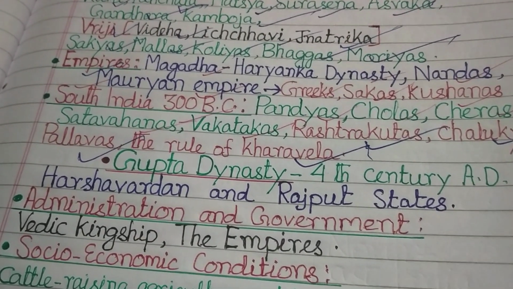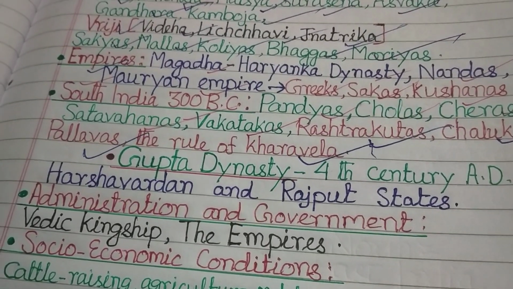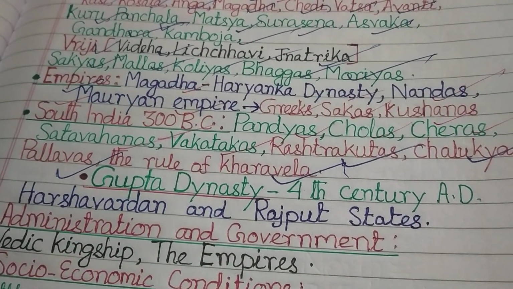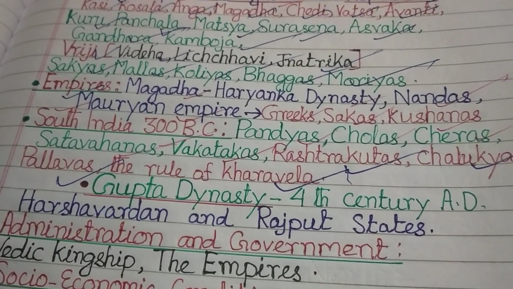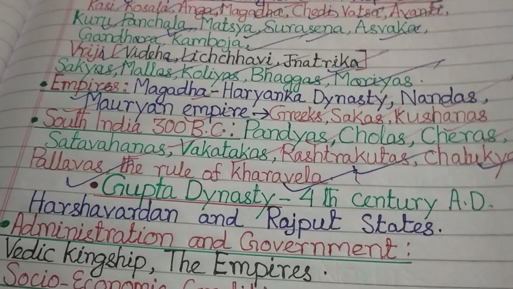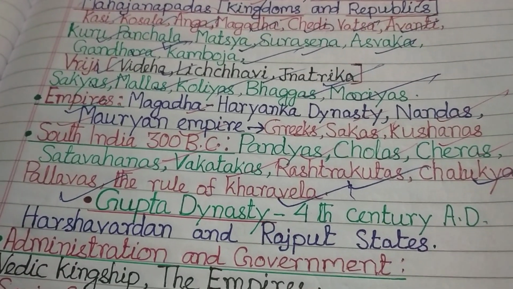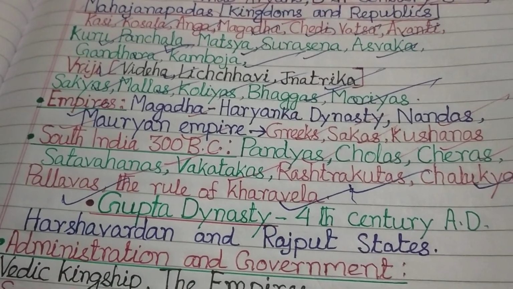It fell when the Bhaktakas emerged. However, the cultural tradition of the Satavahanas lived on through the Rashtrakutas, the Chalukyas and the Pallavas.